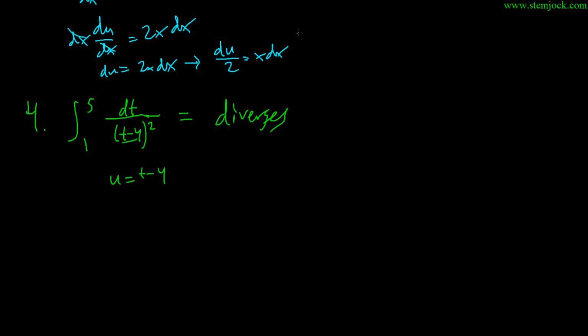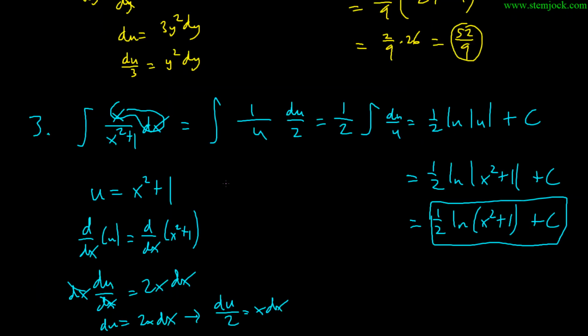All right, number 5. I have here the integral from -1 to 1 of sine x over x squared plus 1 dx. Now this is very similar to what we had here.